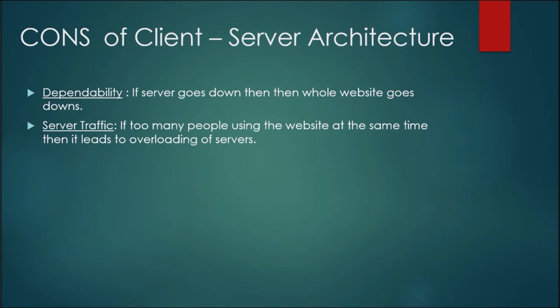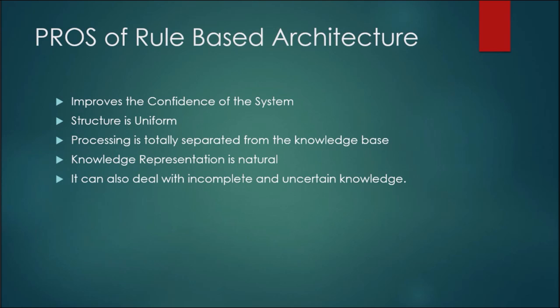So that's okay. Now, the pros of rule-based architecture. In the rule-based approach, there are rules which have to be followed. In this kind of system, the confidence of the system is much more improved than in any other architecture. Another advantage is that the structure of the system is uniform throughout.